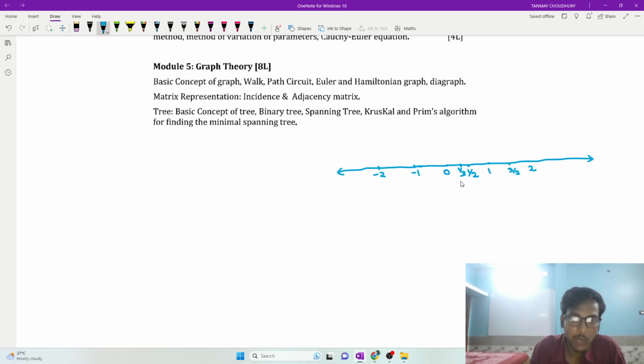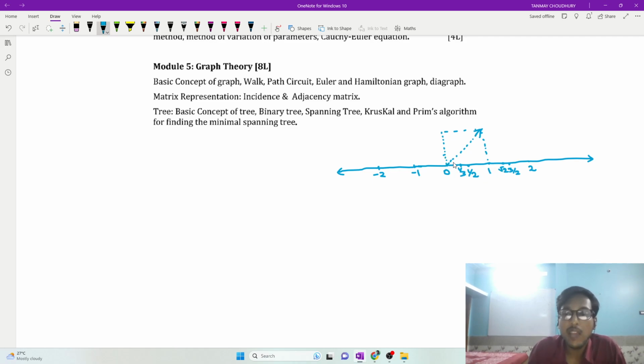Similarly, a few irrational numbers we can also plot on this real line. Suppose we have to plot √2. We know that √2 is nothing but the length of the diagonal of the unit square. So if we draw the unit square, then the length of this diagonal, up to this much, will be near 1.4. So this will be √2. Similarly, we can plot √3.